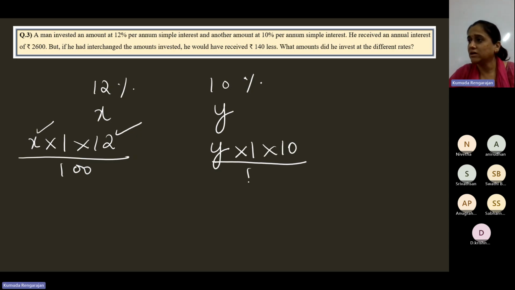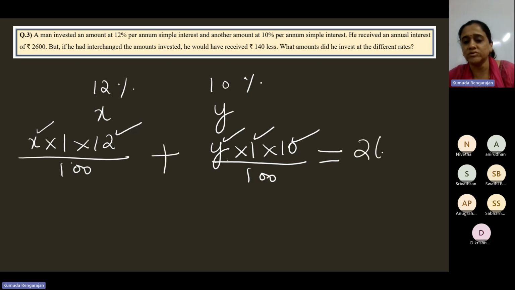This is the formula to find simple interest. So this is the simple interest for 1 year on Y rupees invested at 10%. Now this simple interest plus this simple interest gives a total annual interest of 2,600.